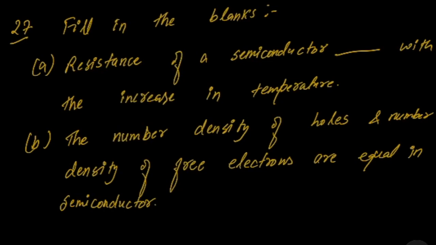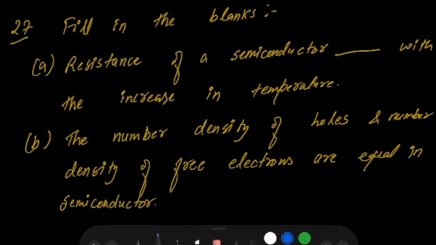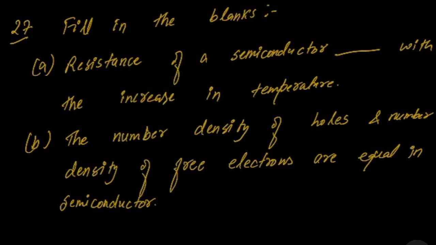So yeah, the first question is, let's change the color so that you can see clearly. Resistance of a semiconductor with increase in temperature. So what happens with the resistance of a semiconductor if we increase the temperature? So resistance will decrease. If we increase the temperature, resistance will decrease.